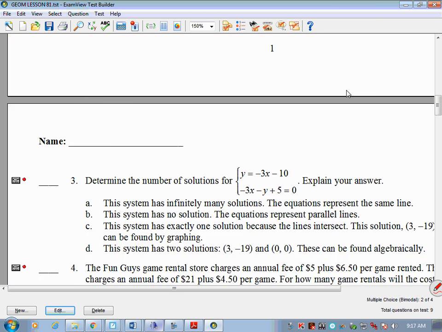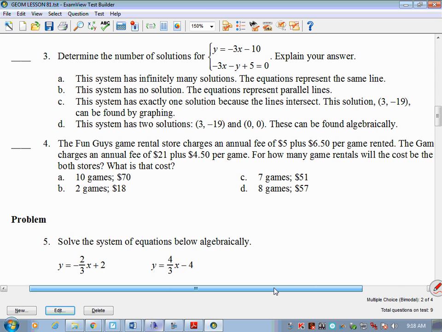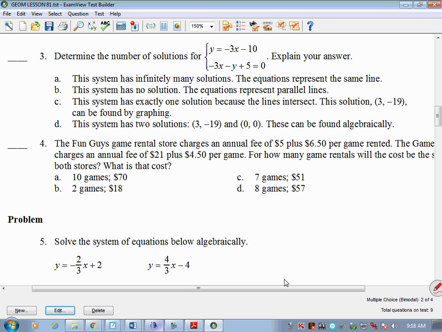Let's go down to number 3. All right, this says determine the number of solutions. Okay.